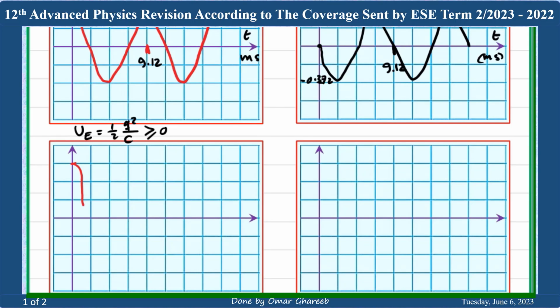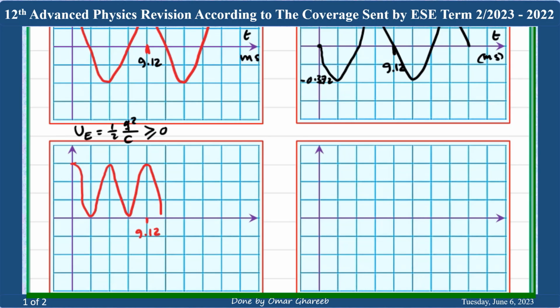It will drop to 0 after 1/4 cycle. Then it will go again to maximum after 1/2 cycle. Then drop again to 0 after 3/4. Then after a full cycle, it is again maximum.